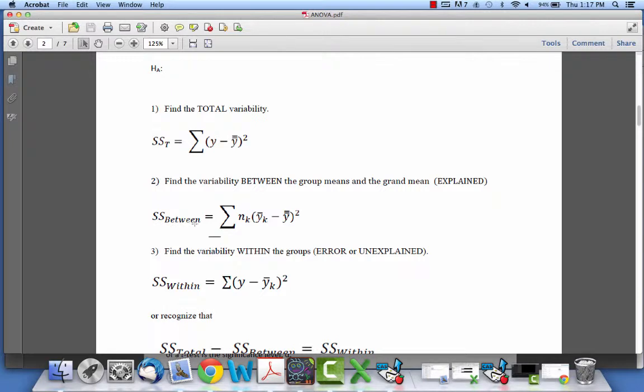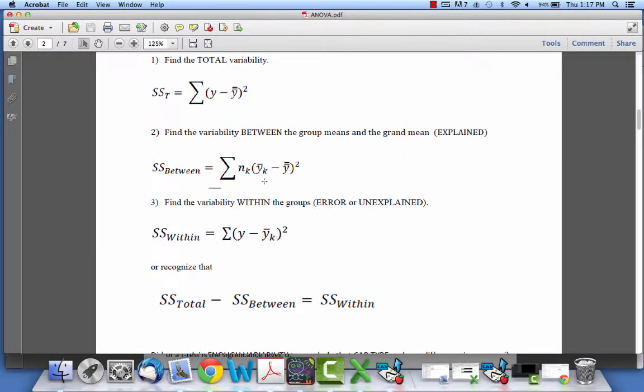The sum of squares between is where you take the mean of each subgroup, compare it to the mean of the whole group, and square that. Each time you multiply by the number in the group, because we're weighting it. So if one group is 15 and one group has 30, we want it twice as represented. So you multiply by the number that there are.